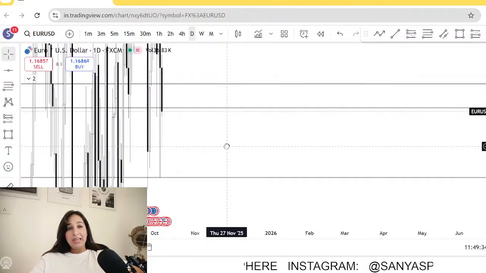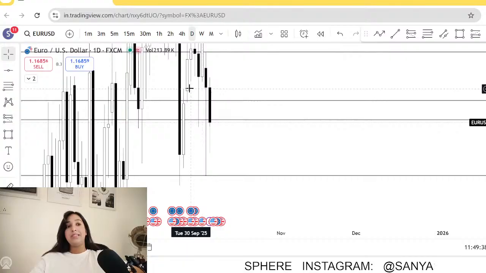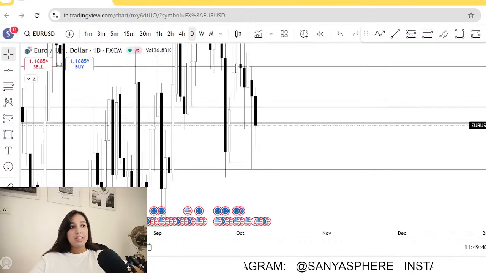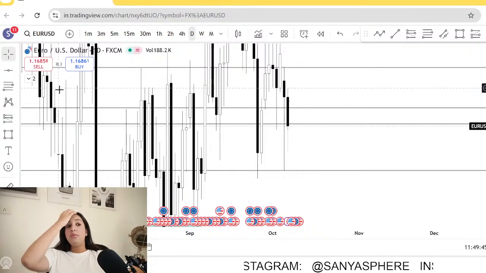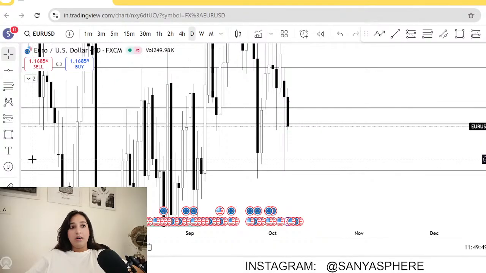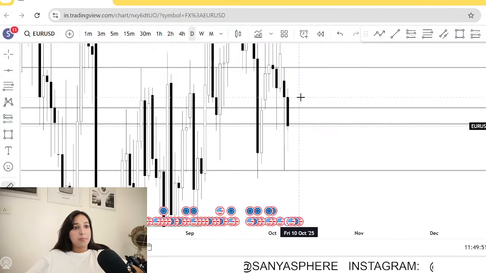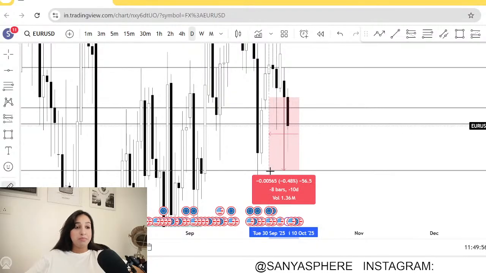If you see the daily candle, it's already been flipped. But if you see yesterday's daily candle, that's a little tricky part, because it's possible that it could be a wick fill, or it could be a breakout of this candle. If you see that this wick was around 56%, like 56, 48%, yeah.